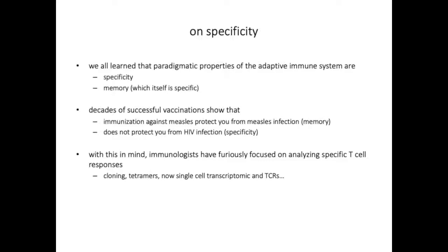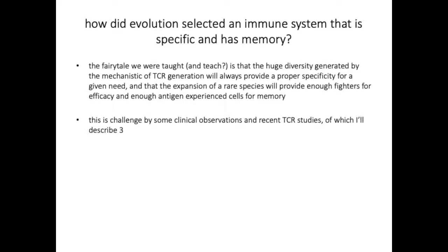But because of the importance of this property, immunologists have furiously focused on analyzing specific T cells, and whatever methodology they use, cloning, tetramers, single cell transcribing a TCR, they focus on this and they forget that there is something that you don't pick up and you don't analyze when you do so.